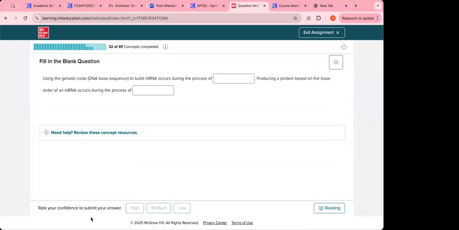Next question. Using the genetic code DNA base sequence to build mRNA. Okay, so they're talking about the process.